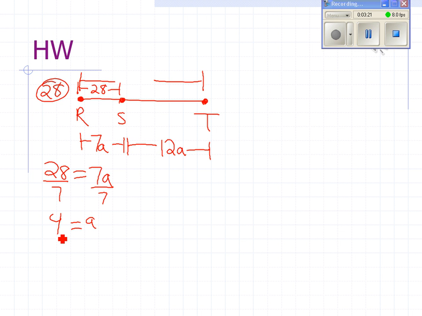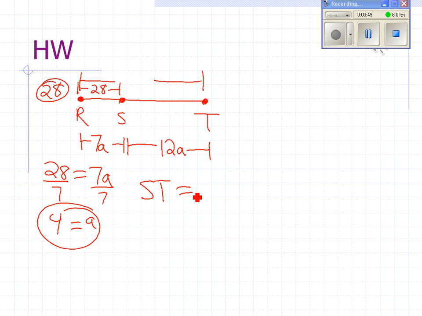Now they asked you to find the variable, so we did that. What else did they ask us to find? ST, the length of segment ST. Well, how are we going to go back and find segment ST once we know what A is? If you're finding a variable, why would you ever want to find a variable?